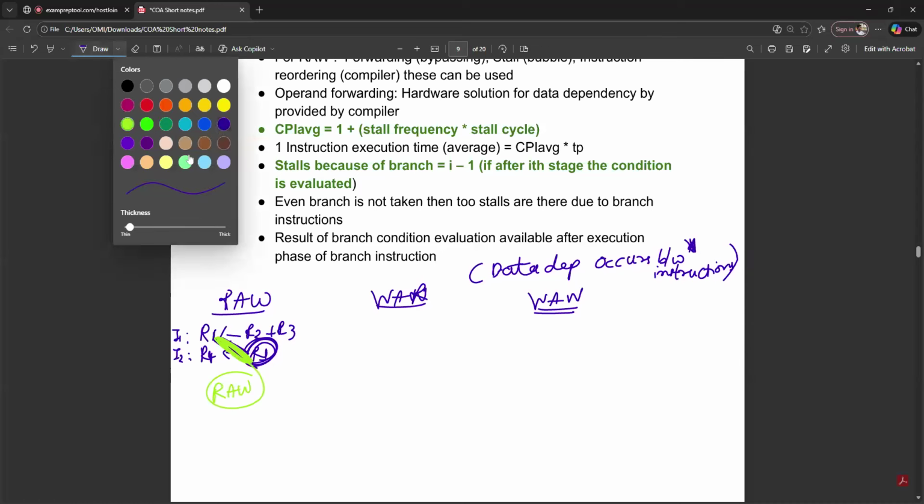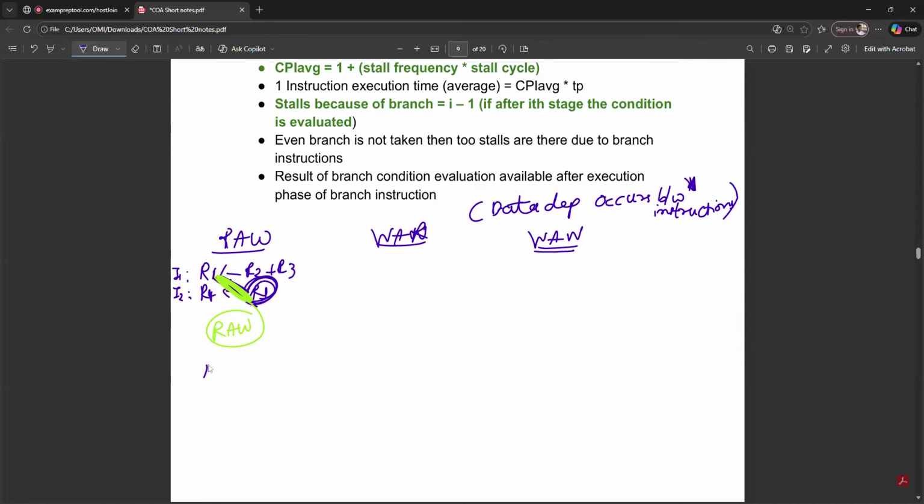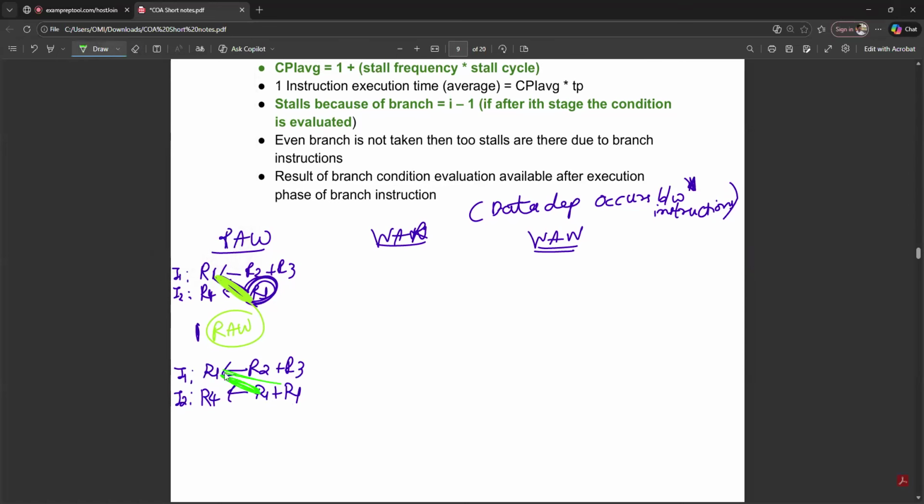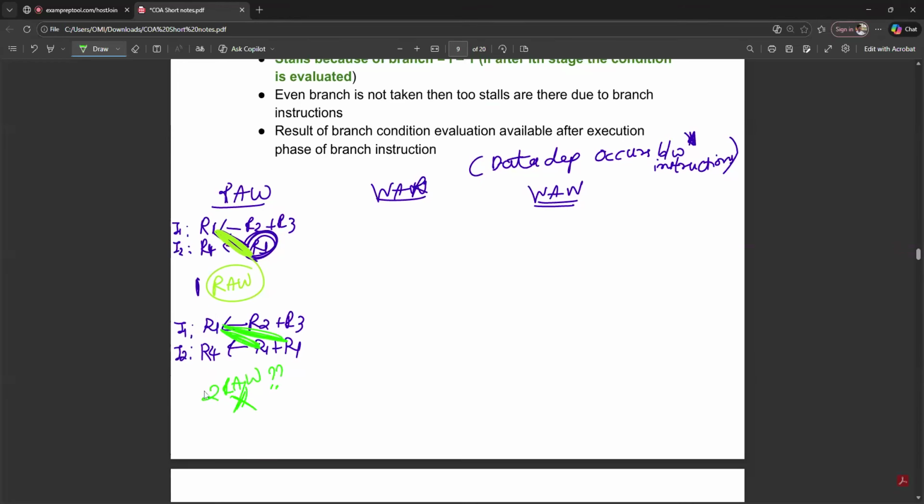One more point: if I1 is given something like this, and I4 also reads it, and someone asks how many RAW dependencies there are, what will you answer? I1 to I2 and I1 to I4, so two RAW dependencies? The answer is wrong. Only one RAW dependency.